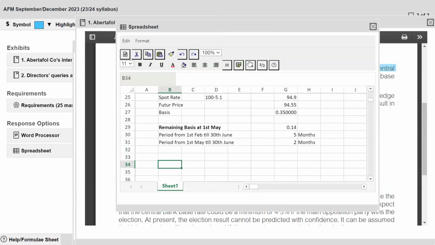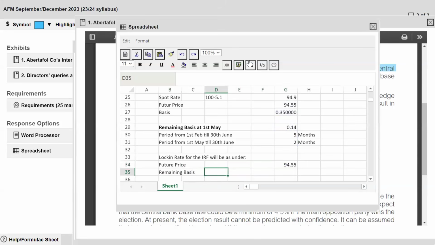Now, basically the lock-in rate for the interest rate future will be as under. The future price is 94.55.